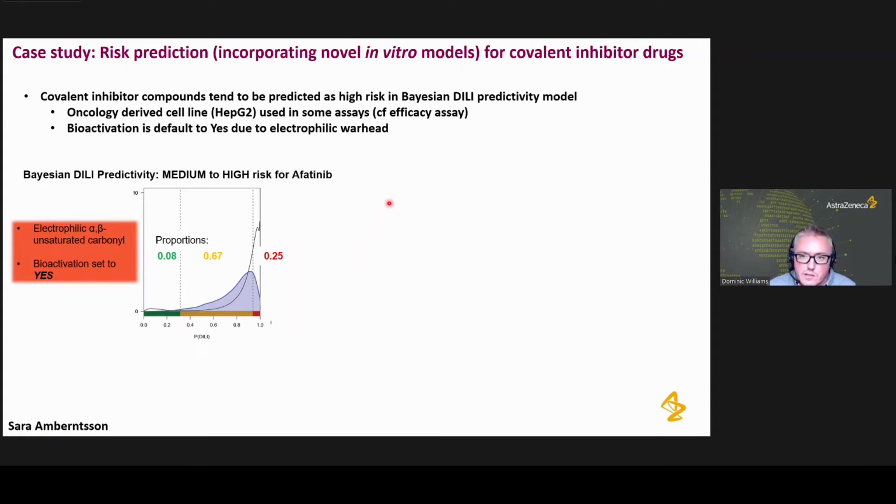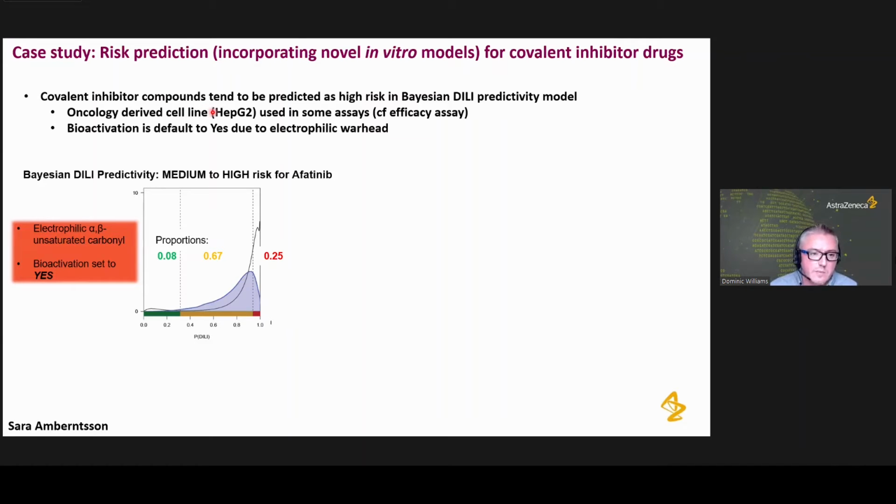So next, I'd like to talk a little bit about the risk prediction using the covalent inhibitor drugs. I mentioned we do a simple risk prediction in the first instance. What tends to happen when we look at covalent inhibitor compounds is that, because of their mechanism of action, these tend to be predicted as high risk in our simple Bayesian DILI predictivity model, because we use oncology-derived cell lines, as these are mainly oncology drugs anyway.